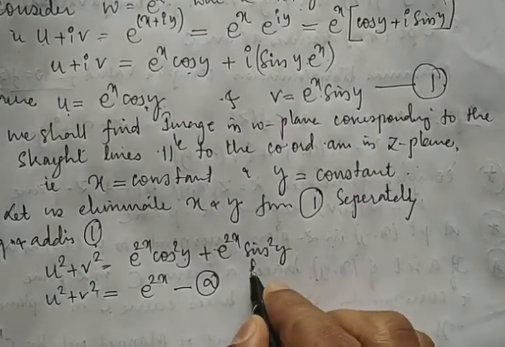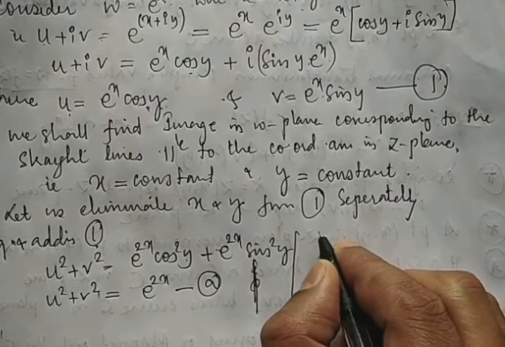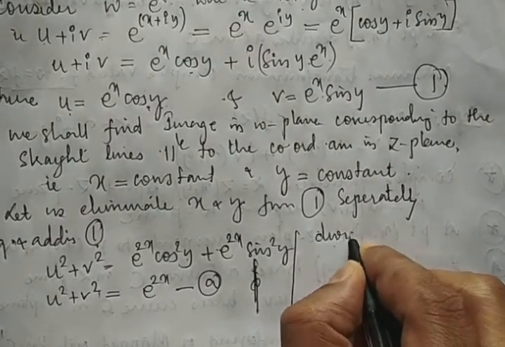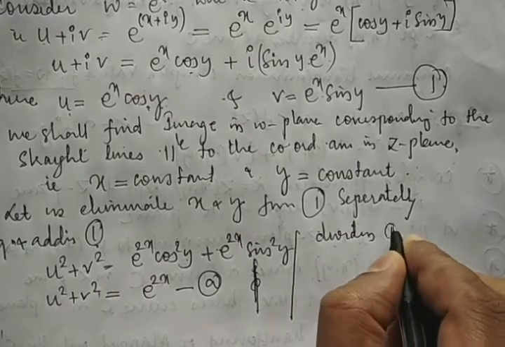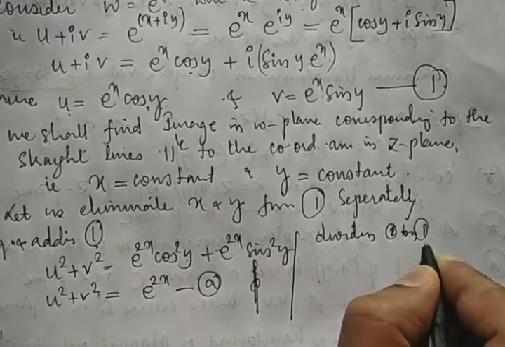Similarly, this is one point. We'll take the other point. What is that? For the other one we take dividing equation 2 by 1 or 1 by 2.